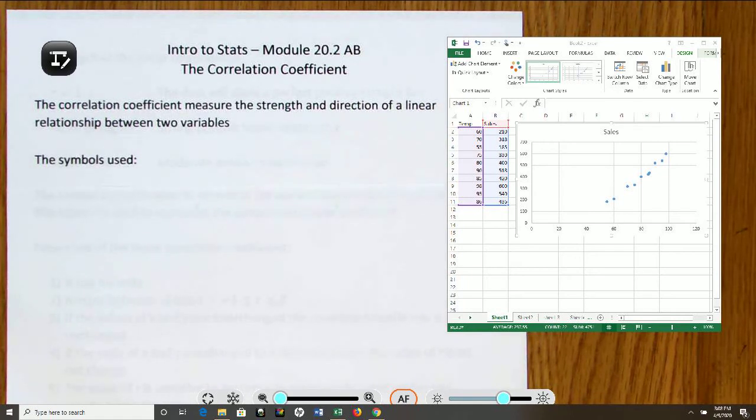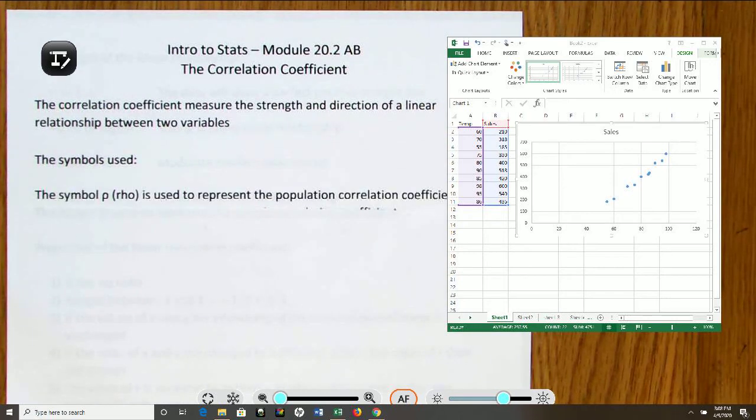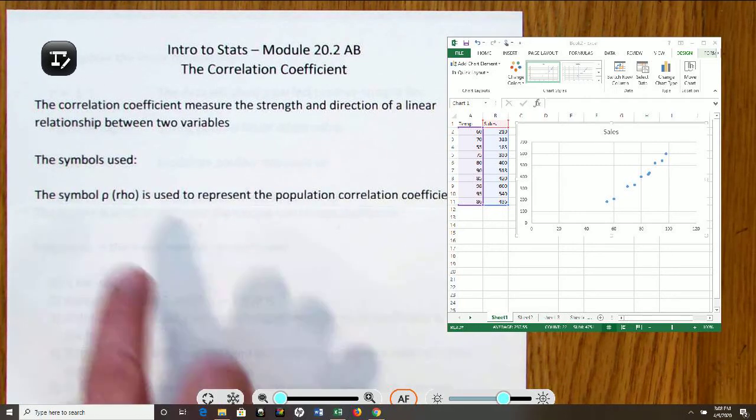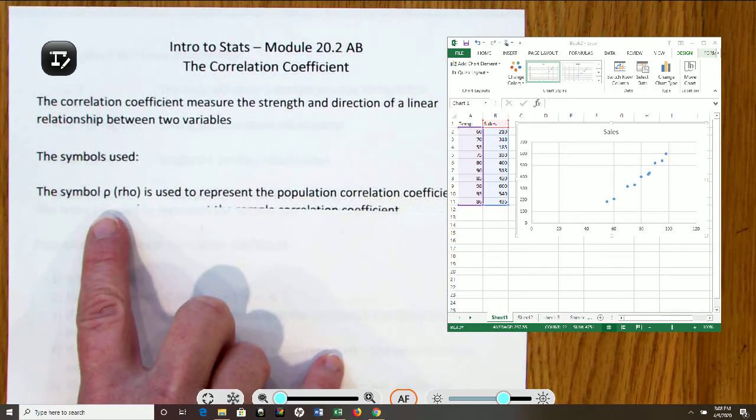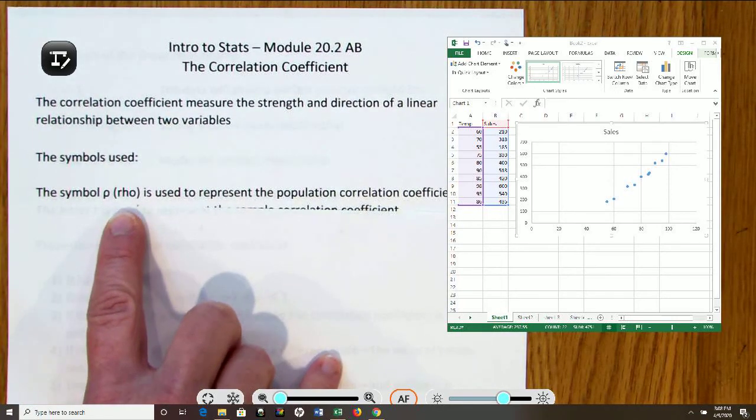First of all, the symbols that we use, and we've used a lot of symbols in this class for a bunch of different things. If we were talking about the population correlation coefficient, we use this funny looking P. It is a Greek letter, and it is our rho.